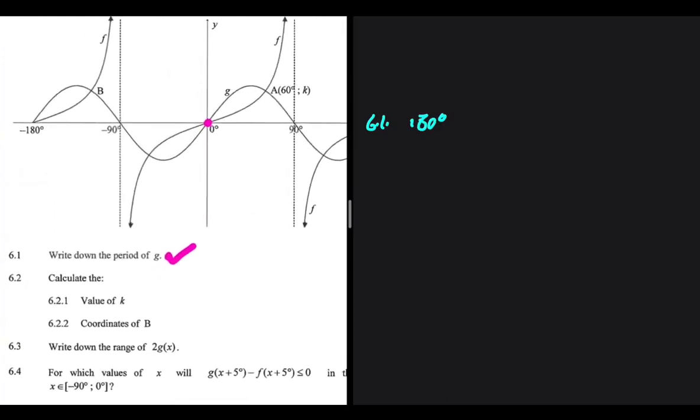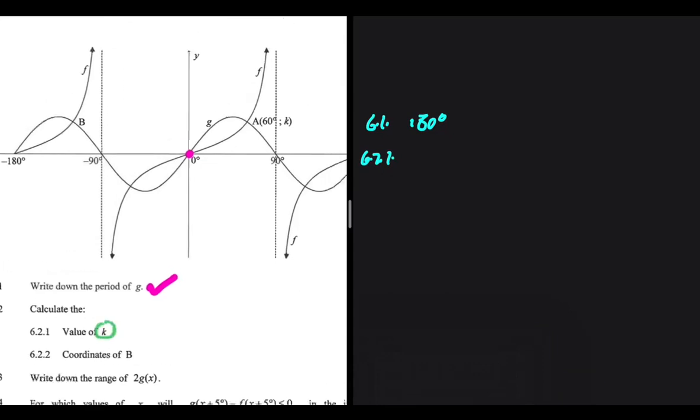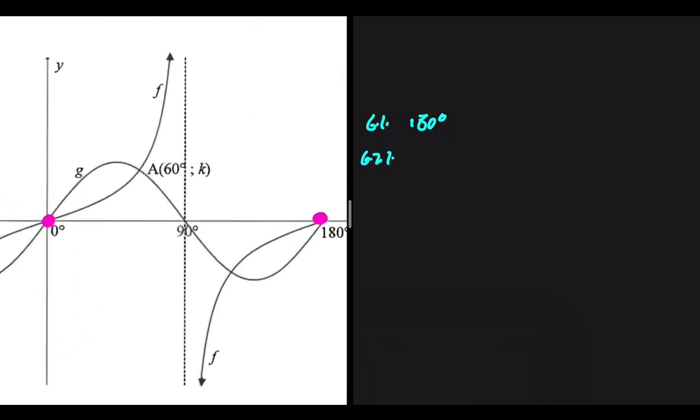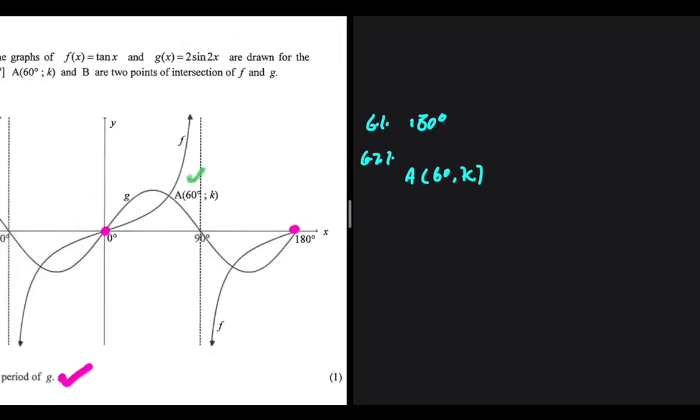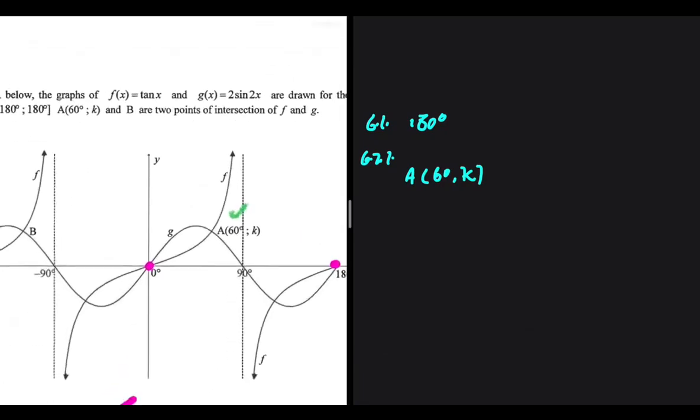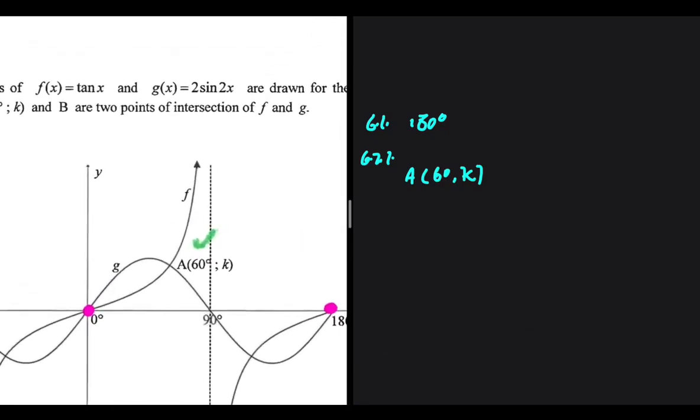And then 6.2.1, let's calculate the value of k. So let's go ahead and look at our graph. k is the y value of our coordinate A. A is the intersection between f of x and g of x. We have the equation of both, so we can just use the equation of f of x. f of x is equal to tan of x.